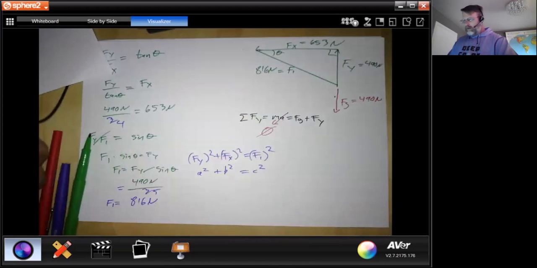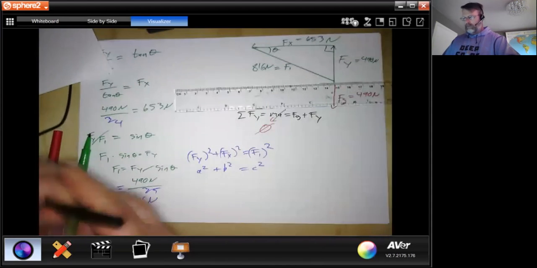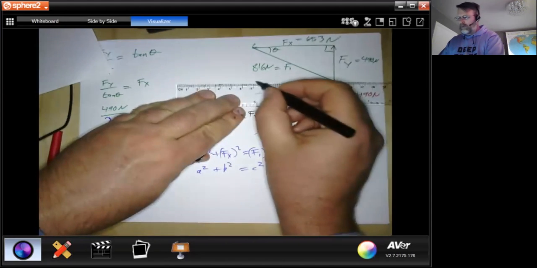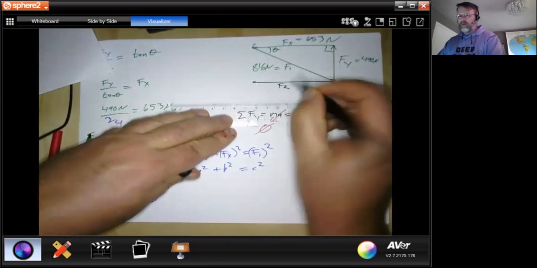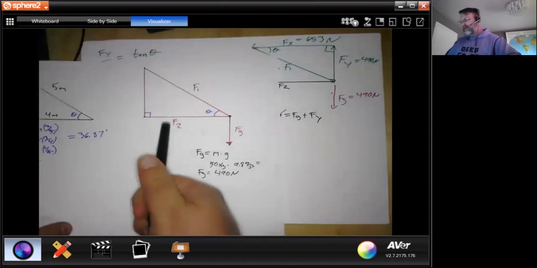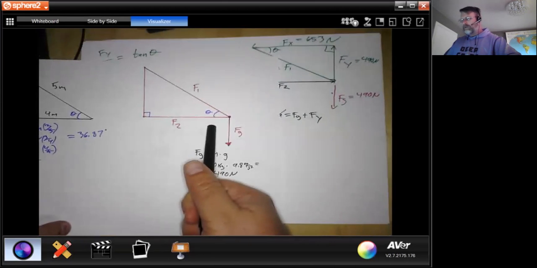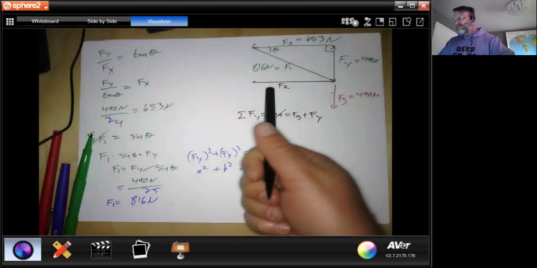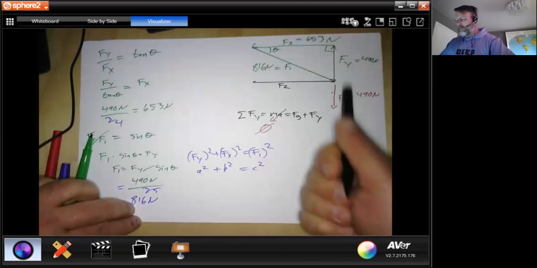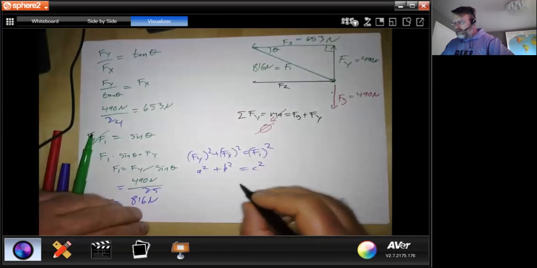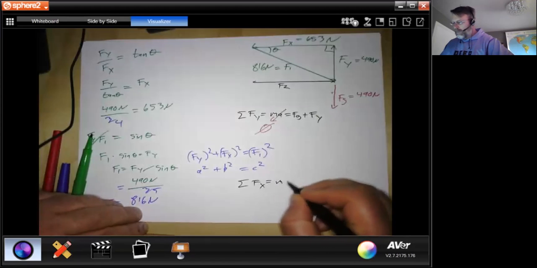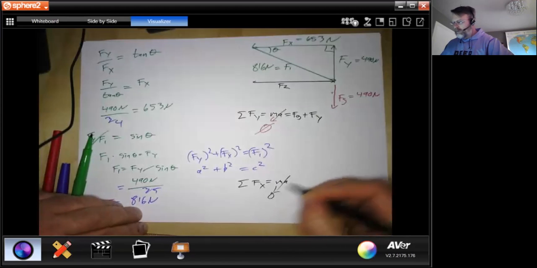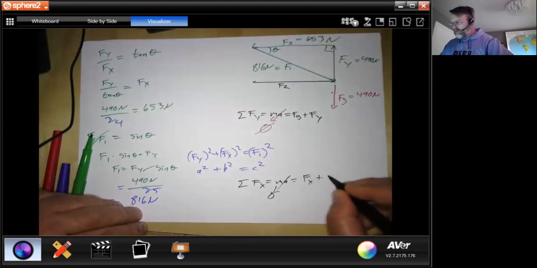Remember, our final question here is the force of the pole, F2, right? We wanted to find this force. Well, this force does not have any y components, so we just have to do the sum of the forces in the x. Again, that equals 0 equals f of x plus f2.